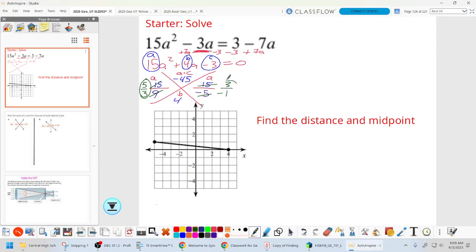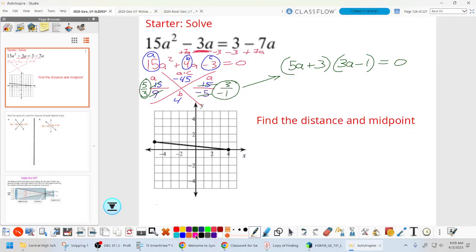So both sides had to be reduced this time. Okay. Now we write those as factors with the top number with x and the bottom number just with its sign. So this will be 5a plus 3, and the other one, 3a minus 1. And we're solving, so this is still equal to 0.